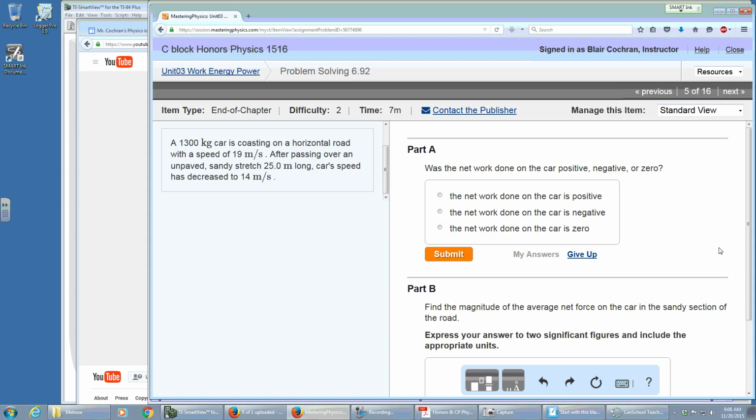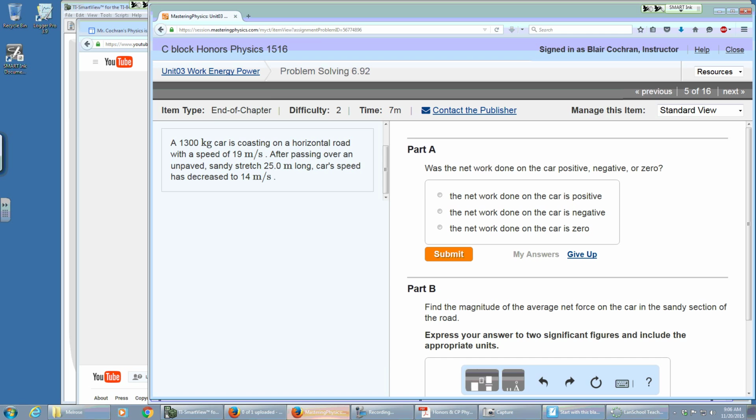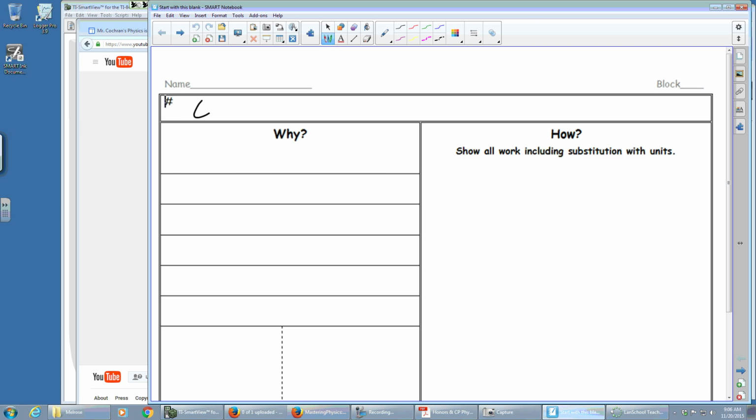Now I'm going to go into my why. Did the energy of the car increase or decrease? Or decrease, right? Because it had.